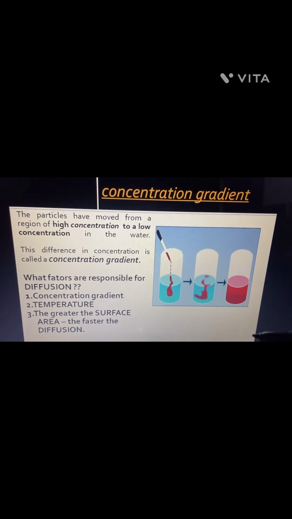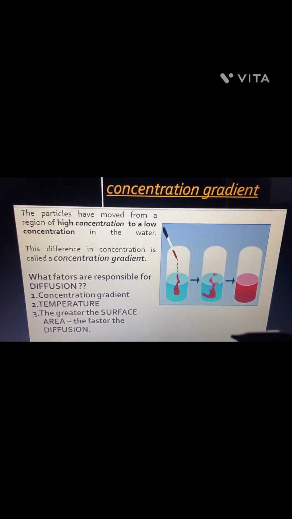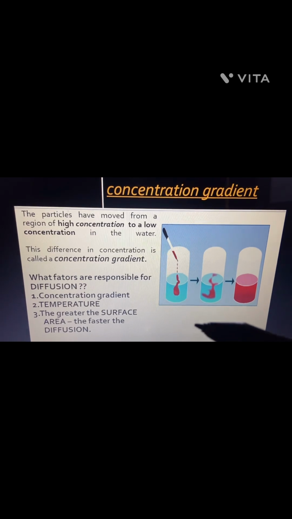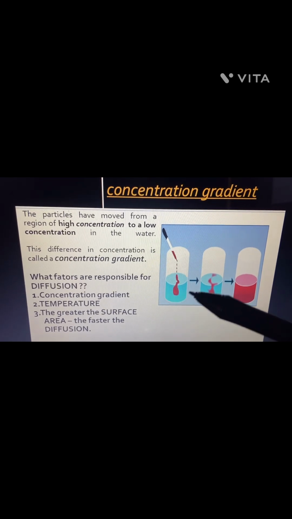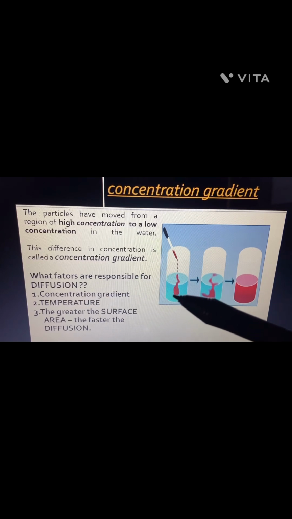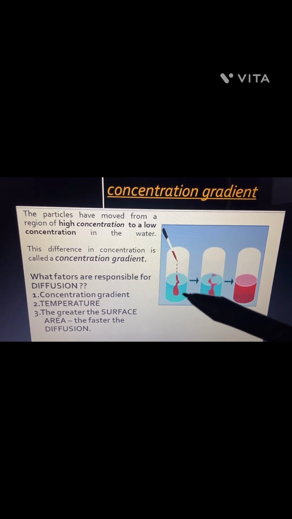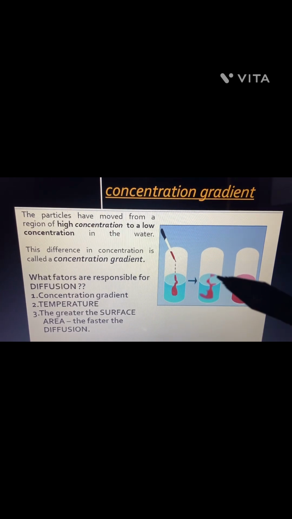Friends, we are understanding diffusion, so it's very important to understand what is concentration gradient. The particles move from a region of high concentration to a region of low concentration. So there is a difference in the concentration. This difference in the concentration is known as concentration gradient.